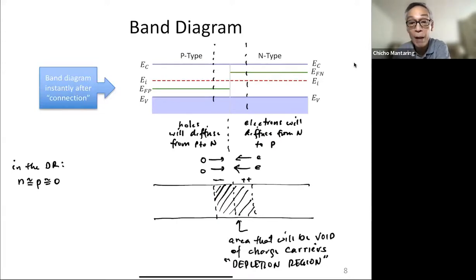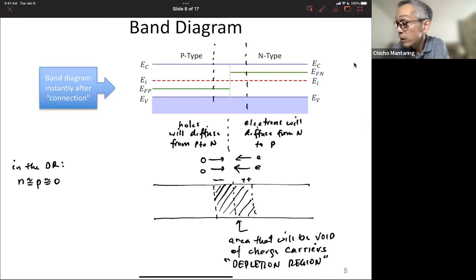So what do you expect to happen? I'm going to get now an electric field in this area. Okay. I'm going to get an electric field in that particular area. And the direction of my electric field is going to be from the right to the left.